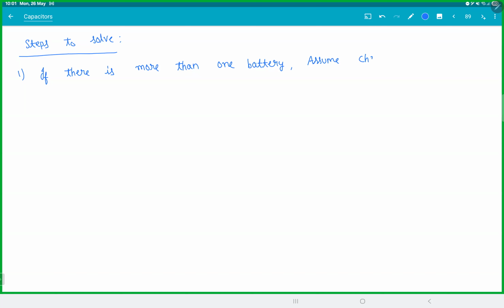Take any one battery and assume that it is giving charge to everyone. Science will take care of it. Second thing, using junction law, distribute these charges.